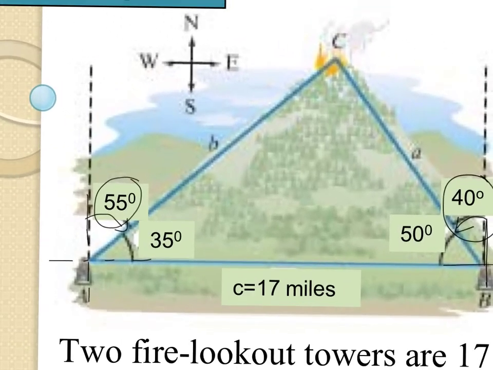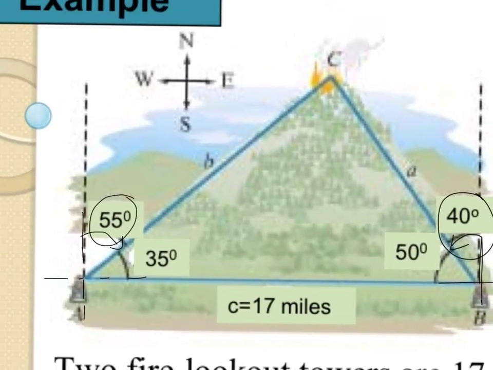So I'm not interested in little a, which is over here on this side. I'm interested in how far the fire is from station A, which makes what I'm looking for little b. So if I'm looking for little b, that's the ratio I'm going to set up. But in order to set up a complete ratio, I need to find angle C. So 180 minus 50, 130, 130 minus 35, that's 95 degrees.